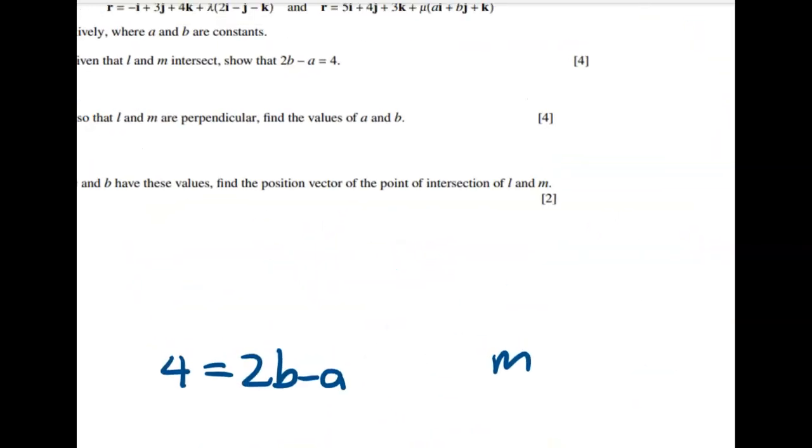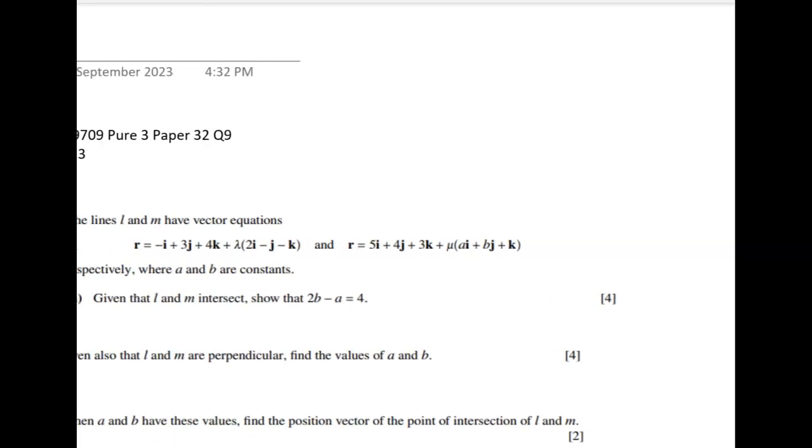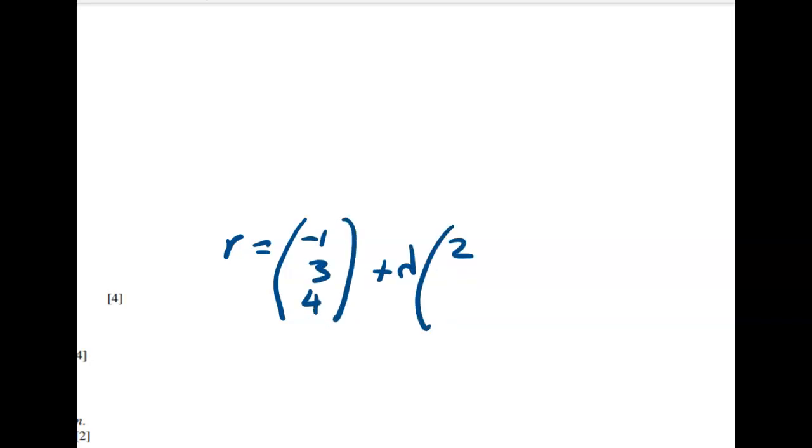So let's just start by putting this all into component form. Try and do this before I do. Pause the video and have a go. So for line L, I got r equals (-1, 3, 4) plus lambda times (2, -1, -1).